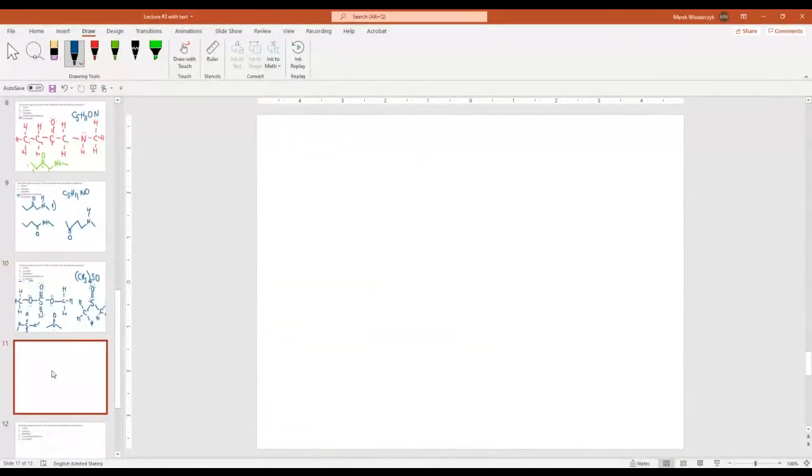So how about this molecule then? Let's say we have CH3 C C CH2 CN. This is the condensed formula of the molecule that I want you to draw.